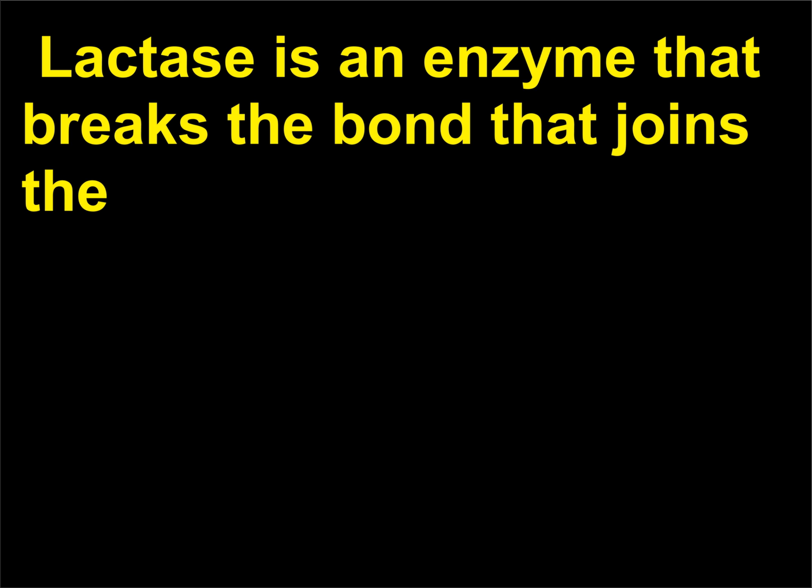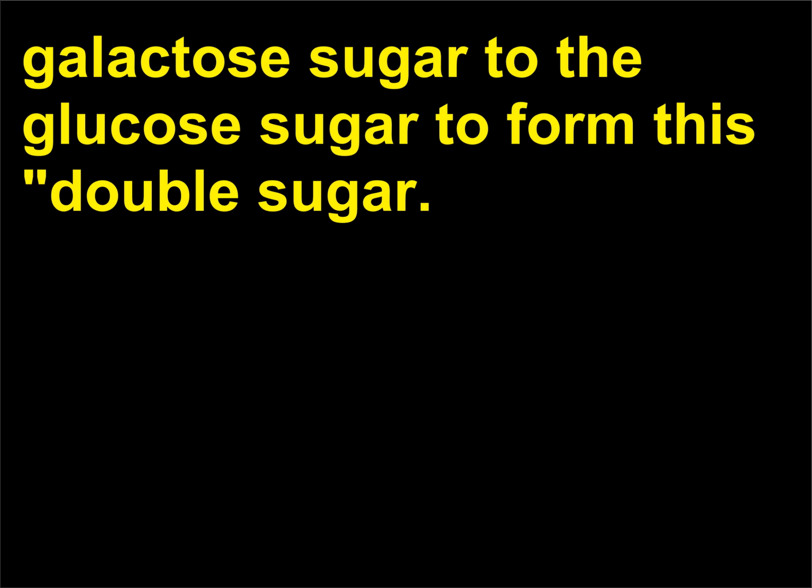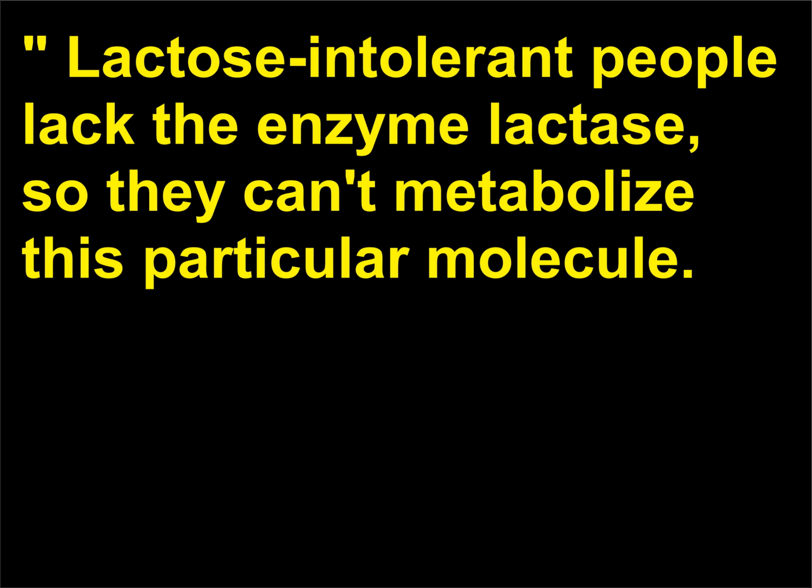Lactase is an enzyme that breaks the bond that joins the galactose sugar to the glucose sugar to form this double sugar. Lactose-intolerant people lack the enzyme lactase, so they can't metabolize this particular molecule.